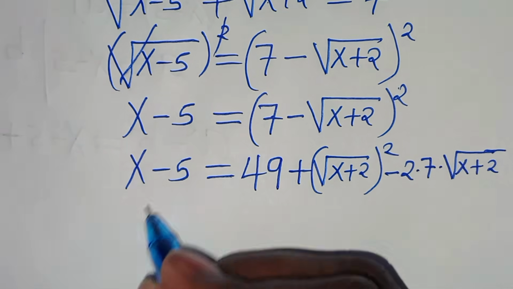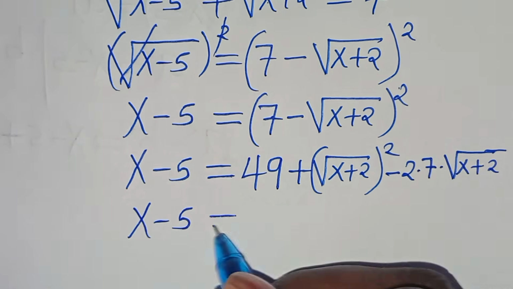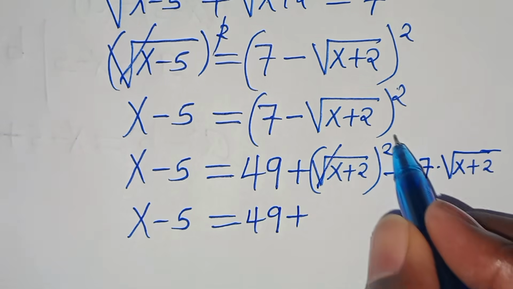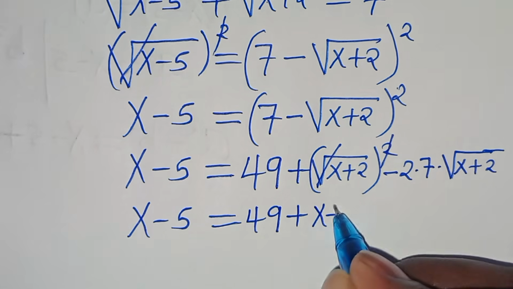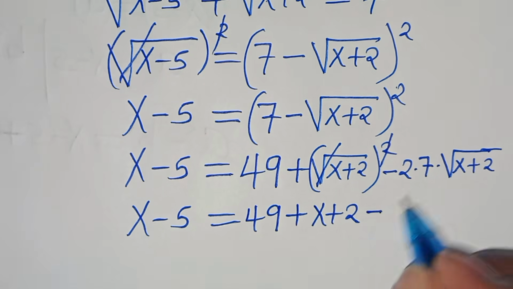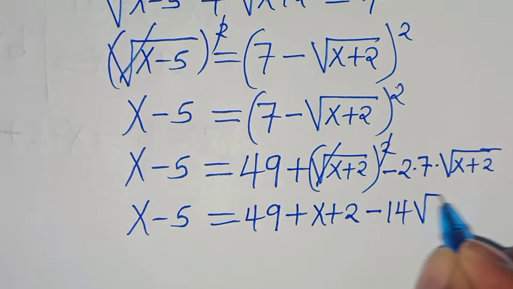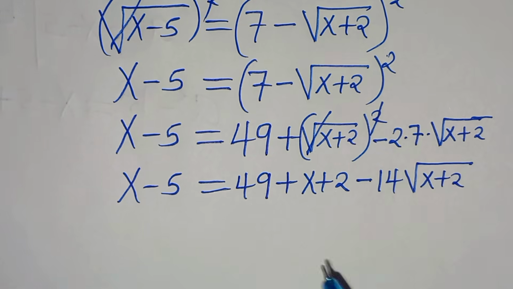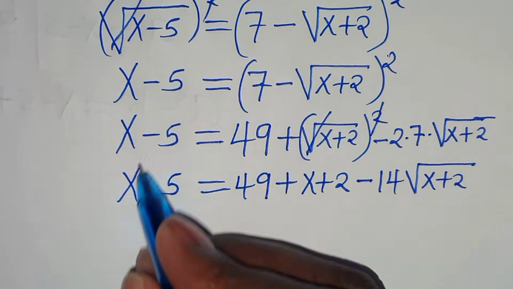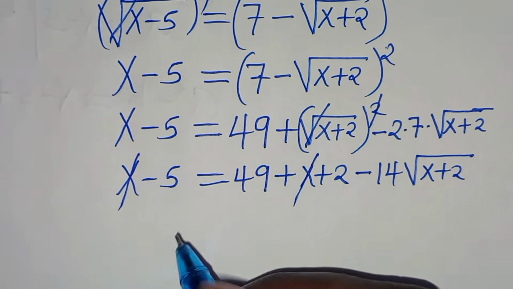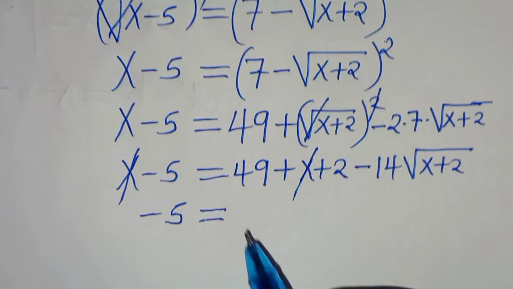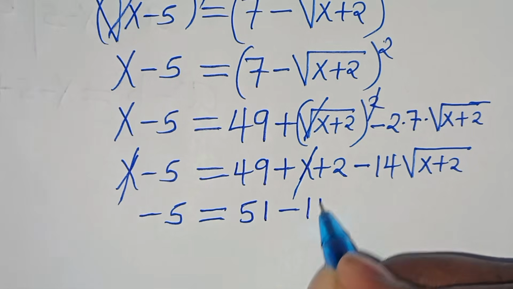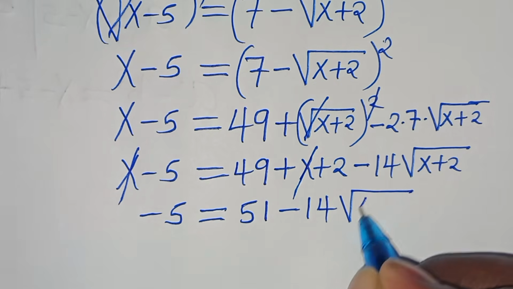So the next step is x minus 5 equal to 49, plus, let's eliminate the square root sign here, x plus 2, then minus 2 times 7, this is 14, square root of x plus 2. Now the next step from here, we have x here and x here, which simplify so that we have negative 5 equal to 49 plus 2, which is 51 minus 14 square root of x plus 2.